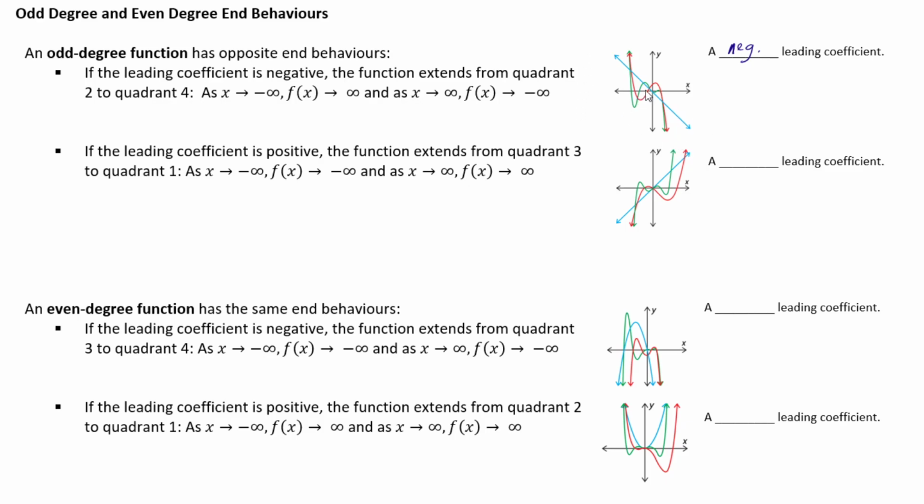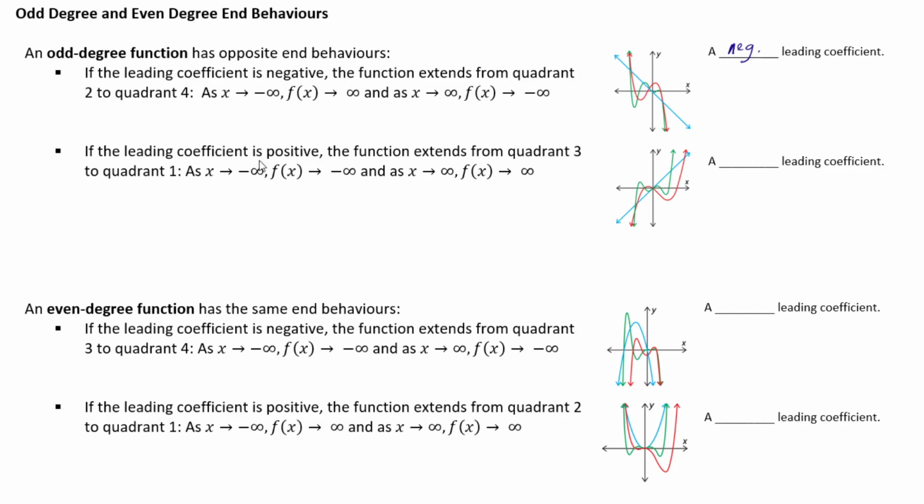It's going to span all the y values, but as x goes to negative infinity, it's going to be increasingly positive. As x goes to positive infinity, it's going to become increasingly negative. Now, same thing for an odd degree function.